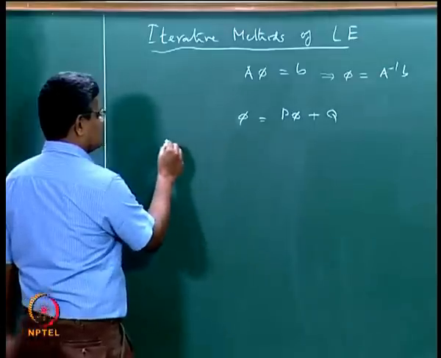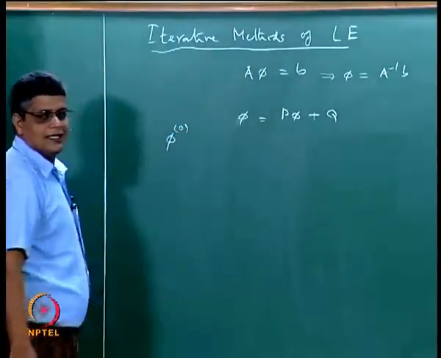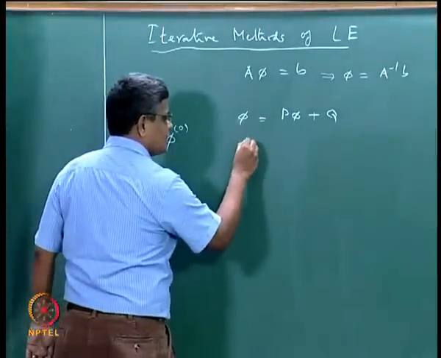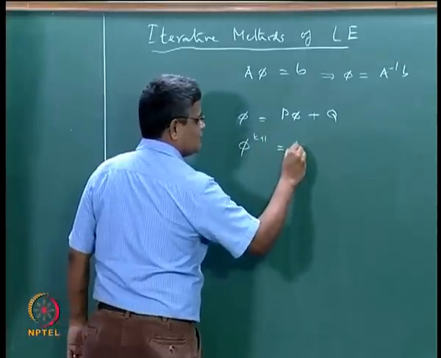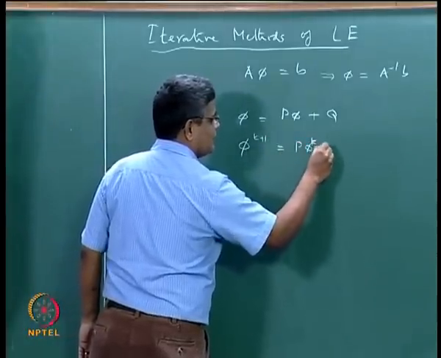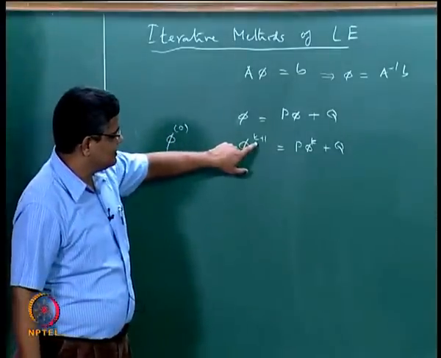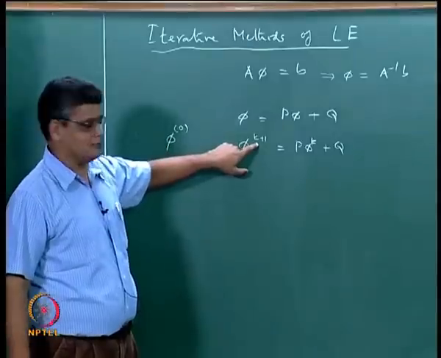Therefore we start with some initial guess for the phi, and we write a recursive relation: phi k plus 1 is equal to P phi k plus Q, where the k superscript indicates the iteration number.